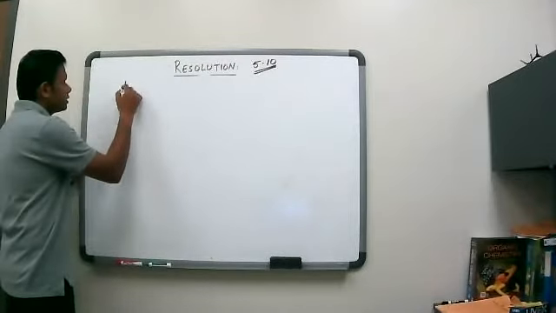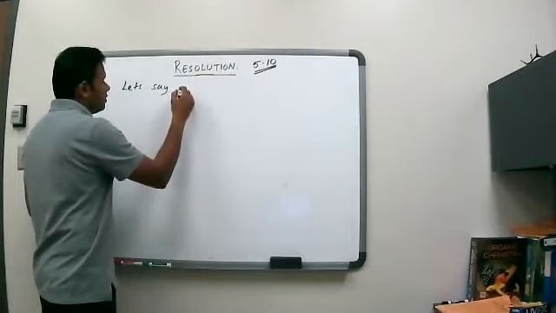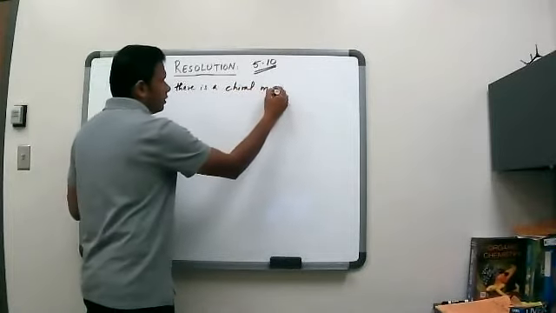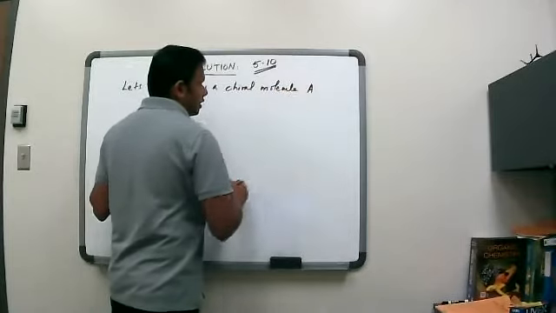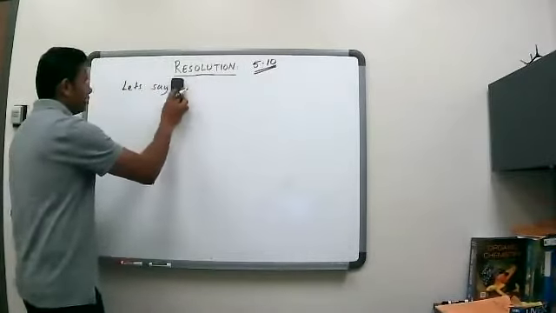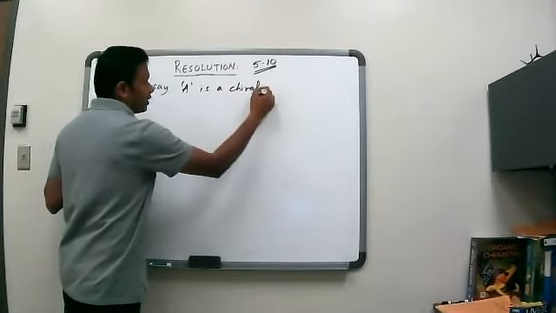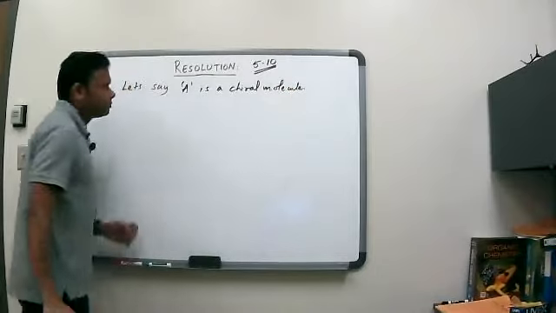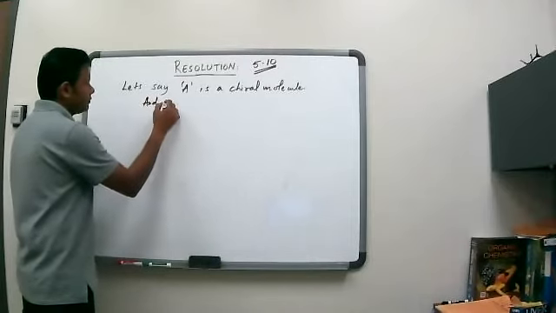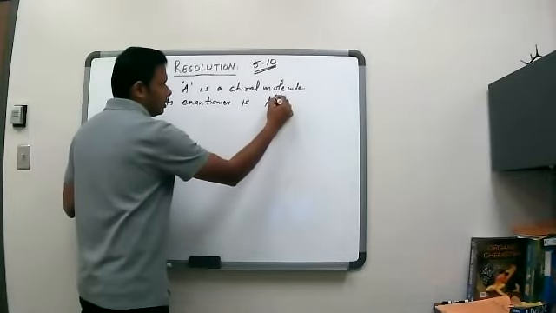Okay, so let's say there is a chiral molecule which is A. To make it simple, let's say A is a chiral molecule, and its enantiomer is A star.